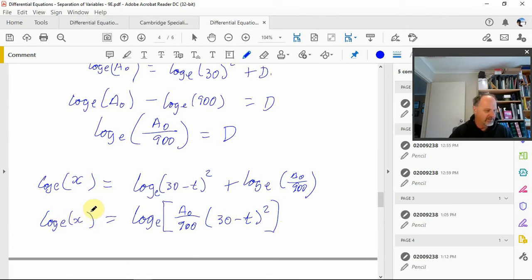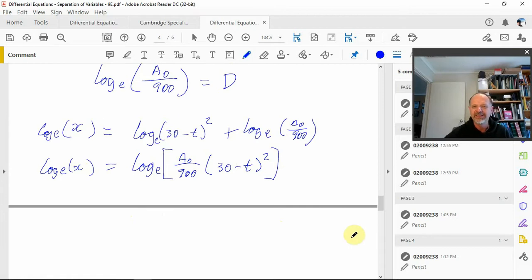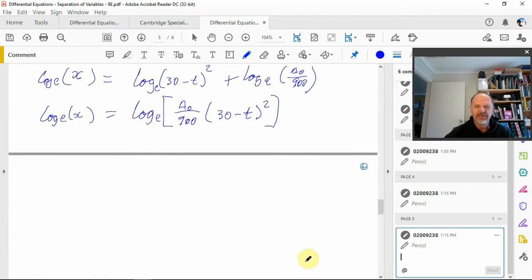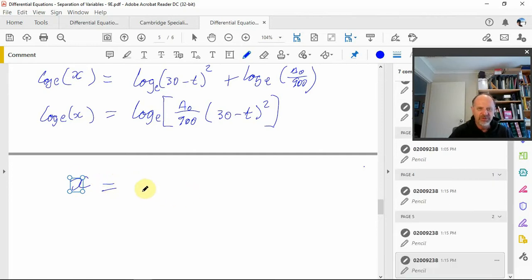So we've got log to the base e of x is that. Our general solution then, to get rid of the log base e's, we can do e to the power of on both sides, and so x would be equal to A0 over 900 times (30 minus t) all squared.